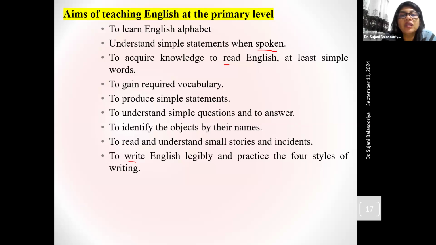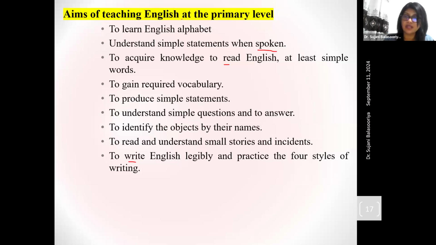Now, what do you think about this? Do you think these aims are achieved in Sri Lankan schools? I emphasized the word Sri Lankan because we are talking about the Sri Lankan education system, and we need to relate these things to it.